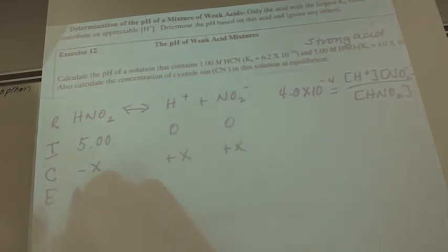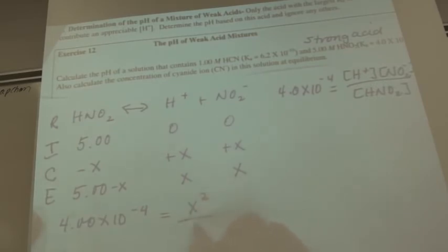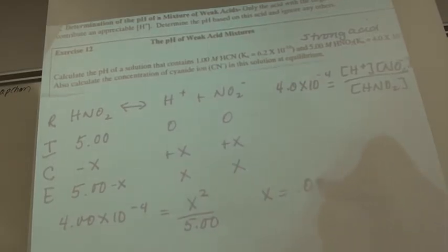So at equilibrium, 4.00 times 10 to the negative fourth is equal to x squared over 5. X is equal to 0.0447.